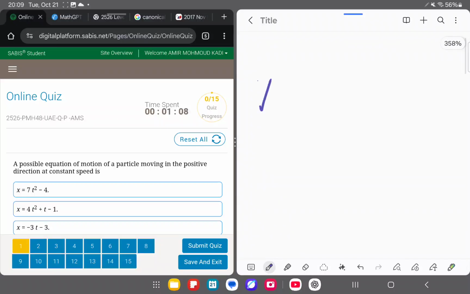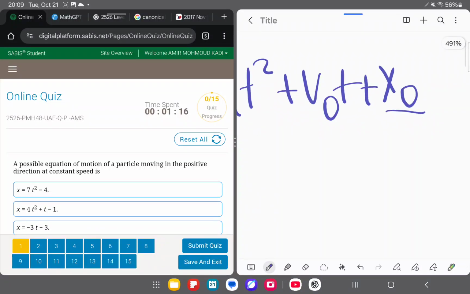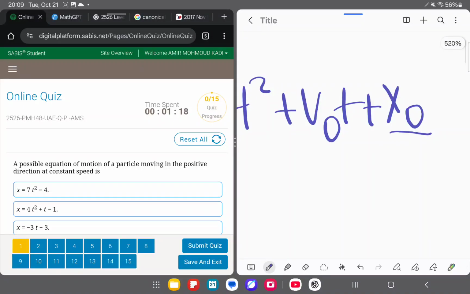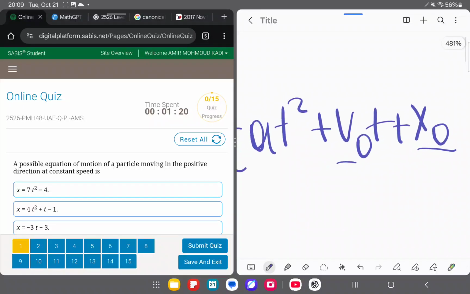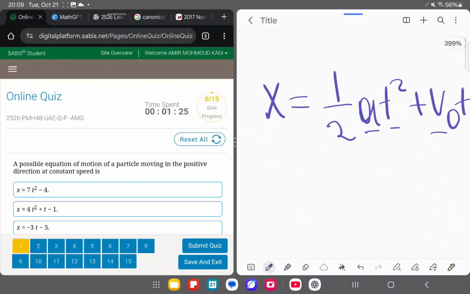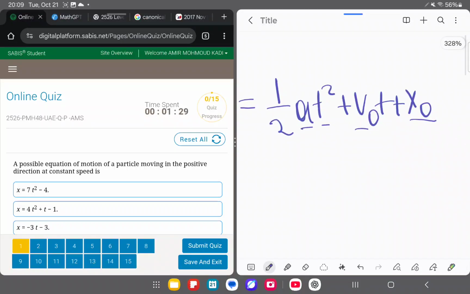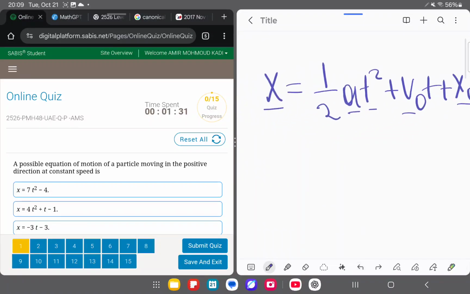We should know that X is equal to 1 over 2 AT squared plus V0T plus X0. X0 is the initial position, V0 is initial velocity, A is acceleration, and T is time. X represents the distance or displacement, depending on if you include this or not.